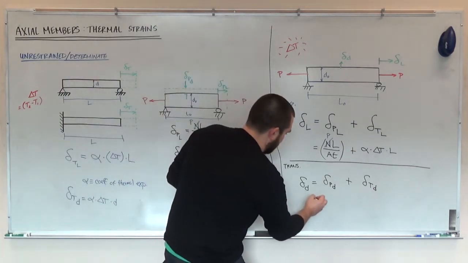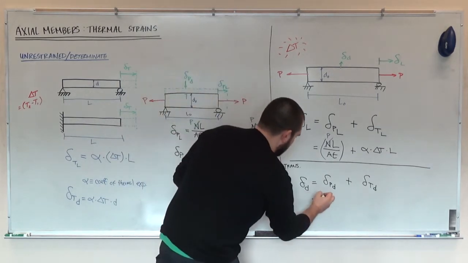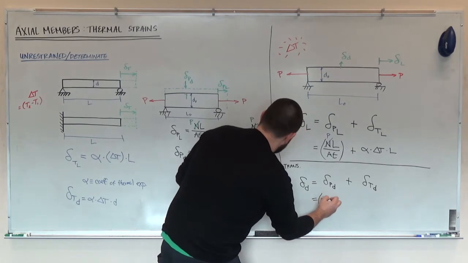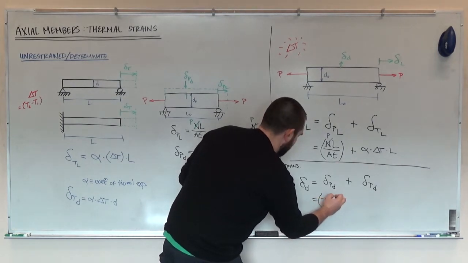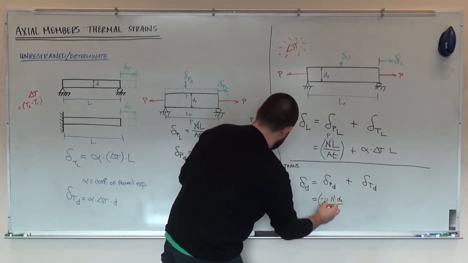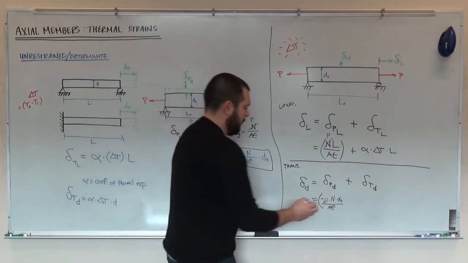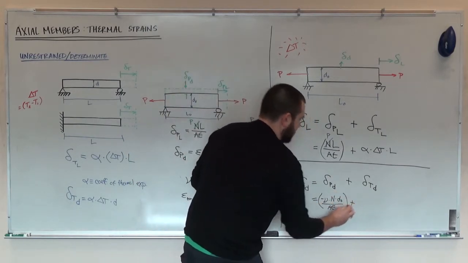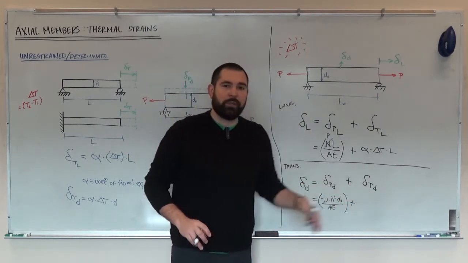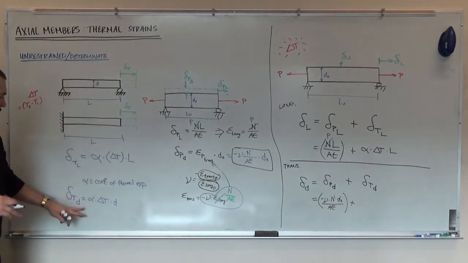So let me then just bring in this evaluation we did a second ago. This will be equal to minus Poisson's ratio times the internal normal force times d naught divided by AE. And then plus, now for the change in width due to the thermal effects, that's pretty easy.